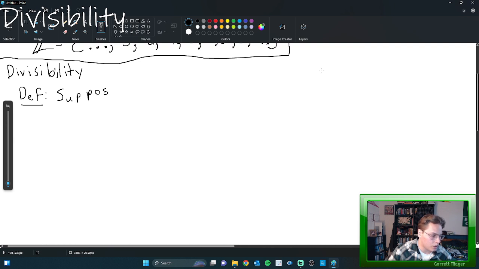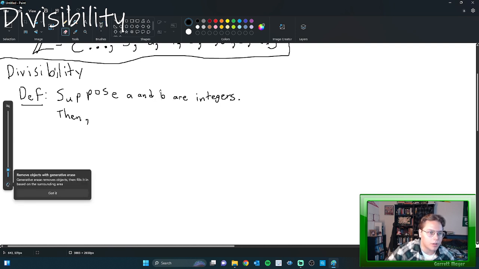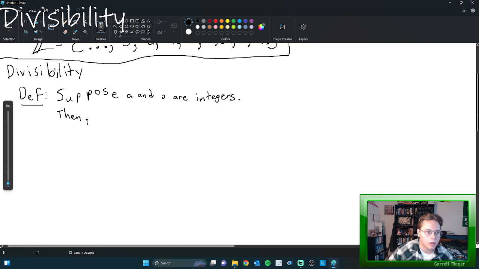Suppose A and B are integers. Then, oh, it says D in the book, so I'll use that to have consistency with it. Suppose A and D are integers.